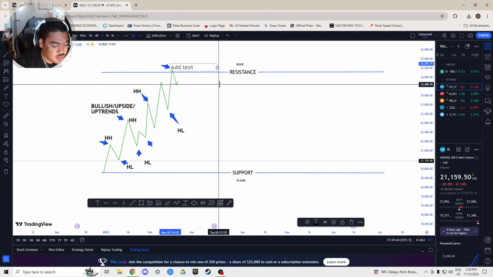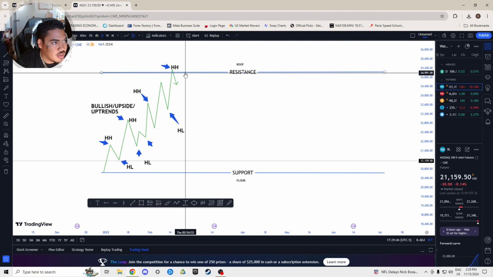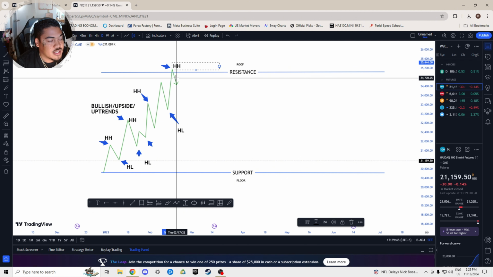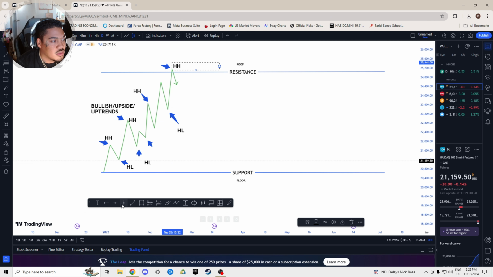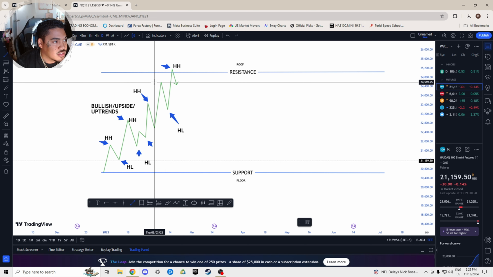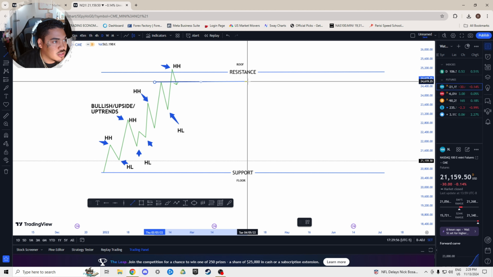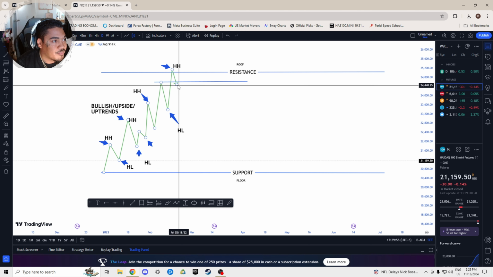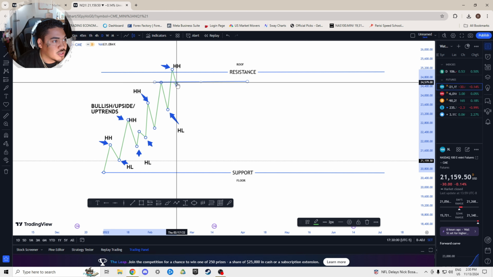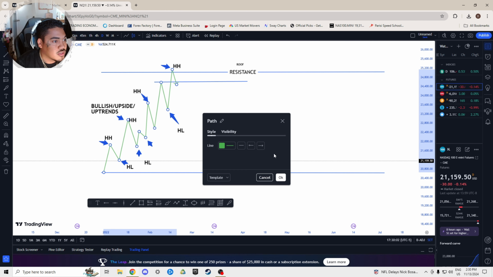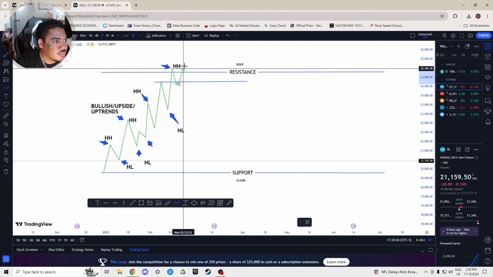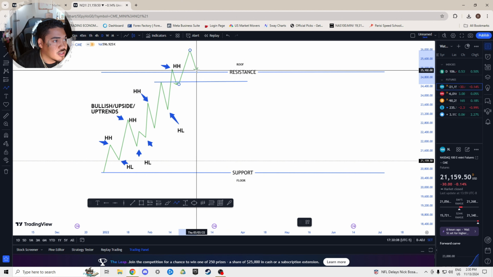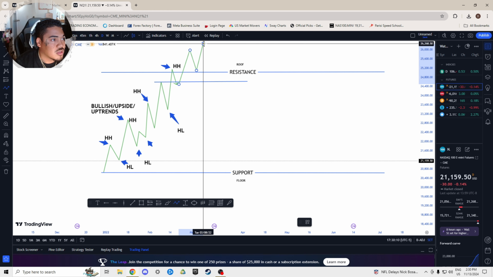Yep, another higher high, and price reaches, ideally, resistance. We could expect it to pull back down into this structure point to create that higher low. Then it would look something like this. Boom, to create that next higher high, and so on, so forth.